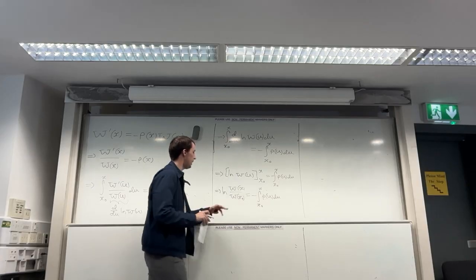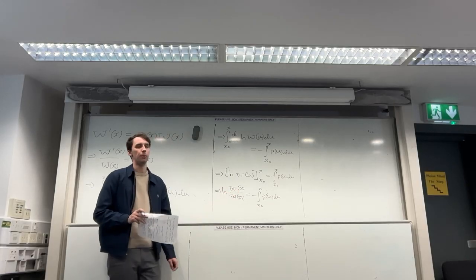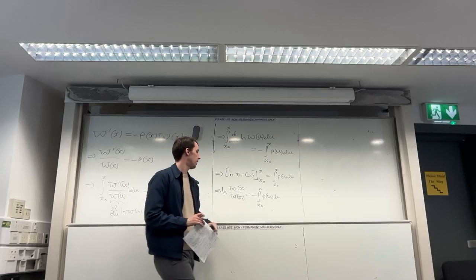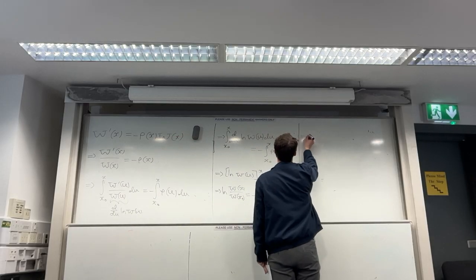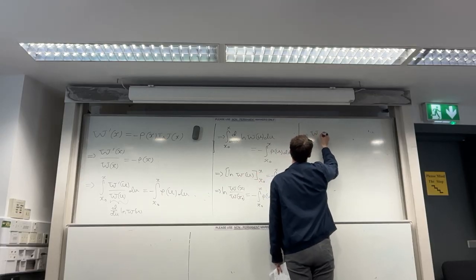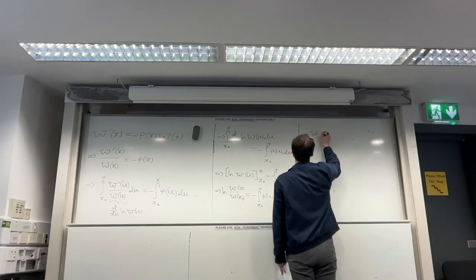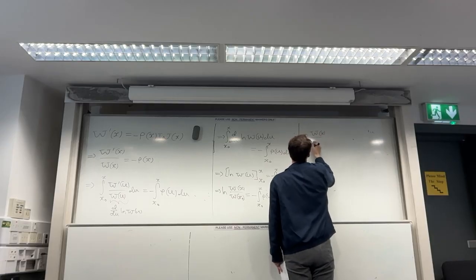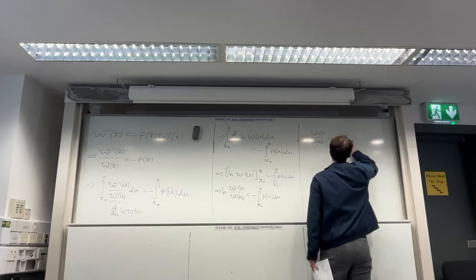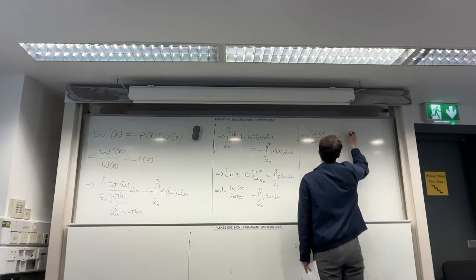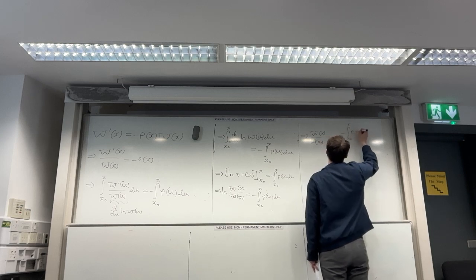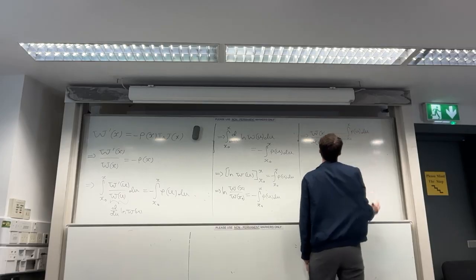Our goal here is to solve for W of x. To do so, we have to exponentiate both sides. The left-hand side will reduce to W of x divided by W of x0, and the right-hand side will reduce to e to the power of the integral from x0 to x of P of u du.